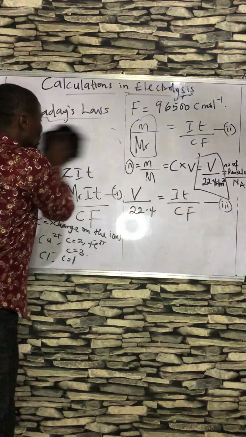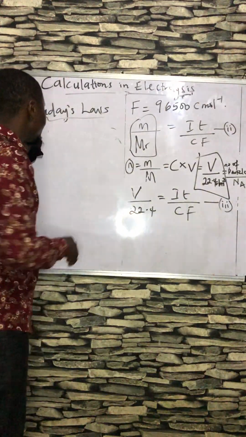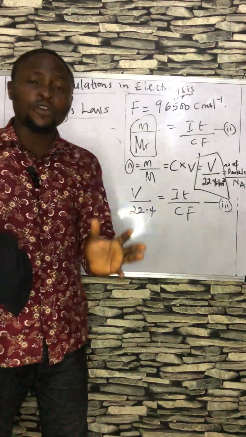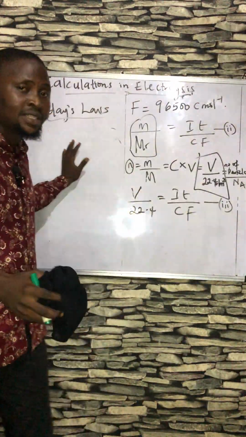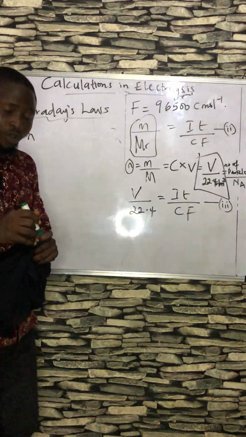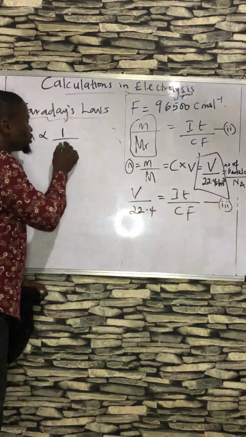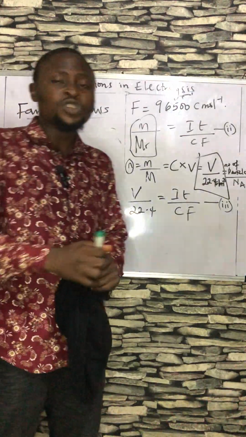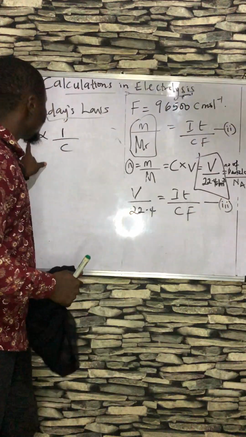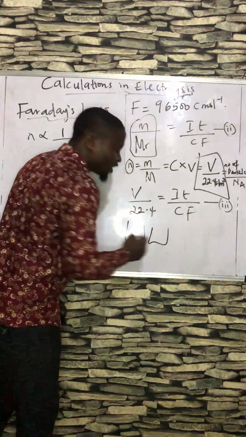As for Faraday's second law, this simply states that in an electrolysis that involves more than one electrolyte, the number of moles of the substance discharged is inversely proportional to the charge on the ions of the elements. In this case, we are talking about having more than one electrolyte.